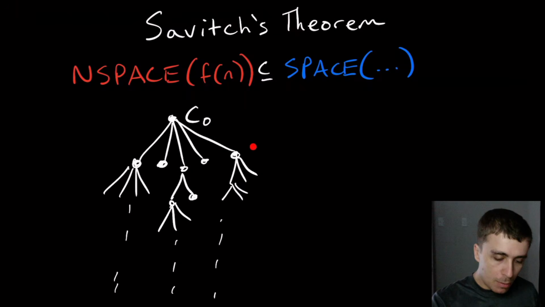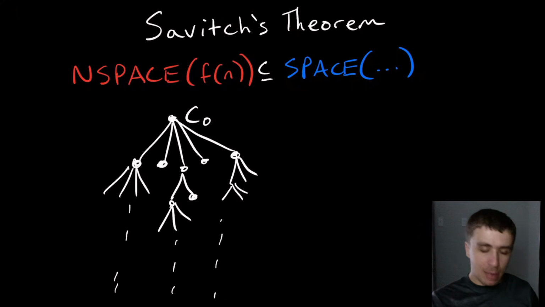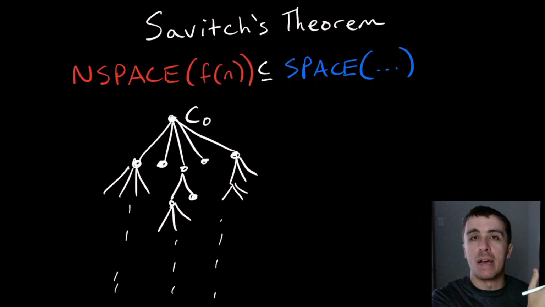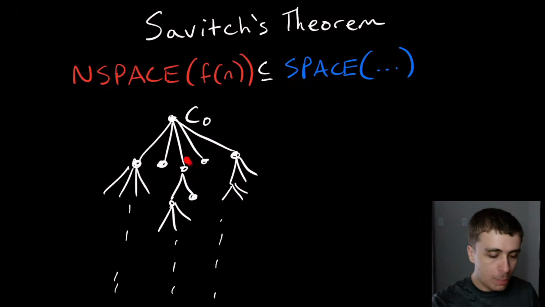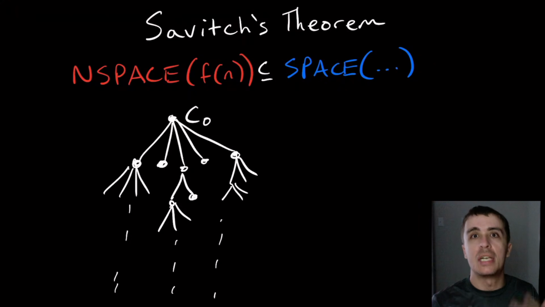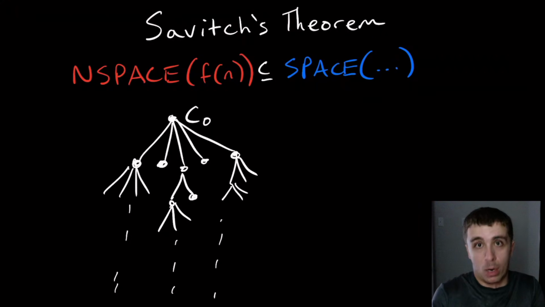Let's see. What is the amount of space that we're allowed? We're allowed f of n space, or at least a constant times big O of f of n. That means the number of steps I'm allowed to go down could be exponential in big O of f of n, because I could explore all possible configurations of size f of n or less.